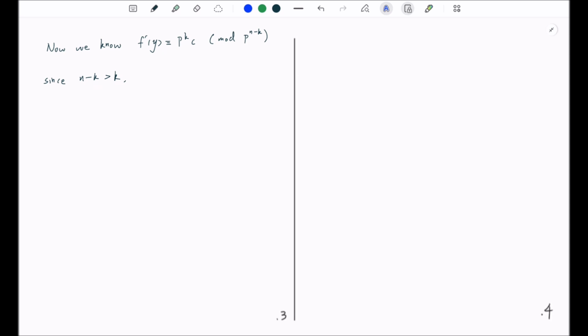That means p to the power k is a smaller power than this. And p to the power k must divide f prime of y minus p to the power k times c. But because p to the power k already divides this part, this means p to the power k divides f prime of y.